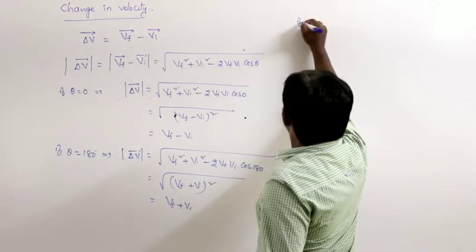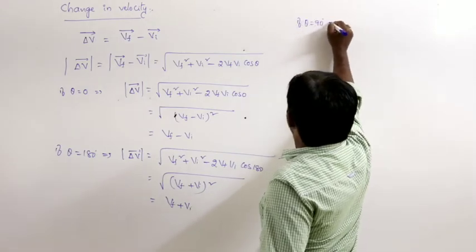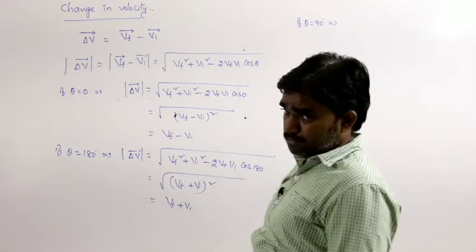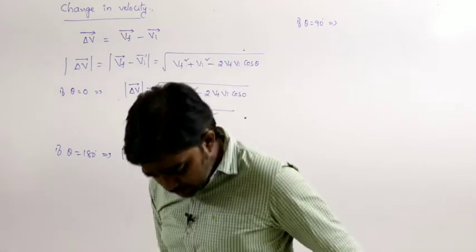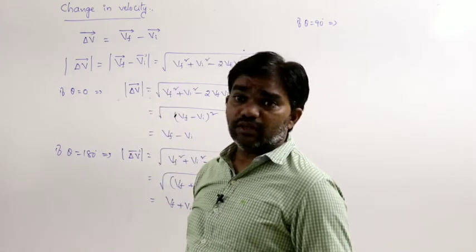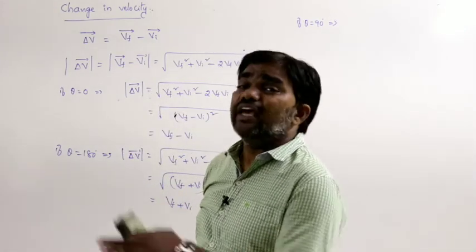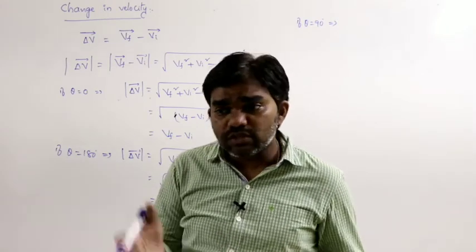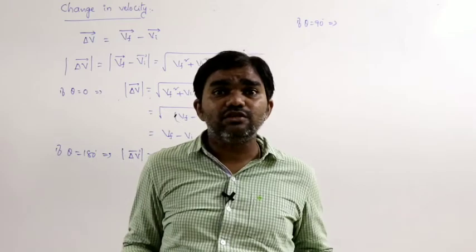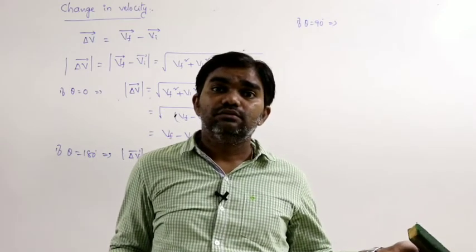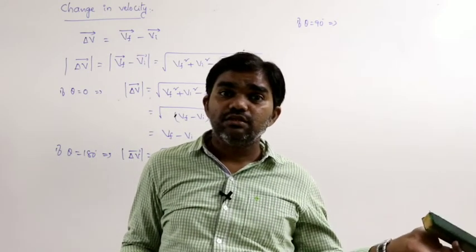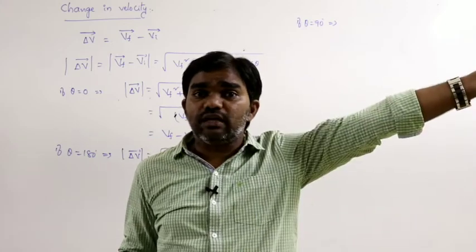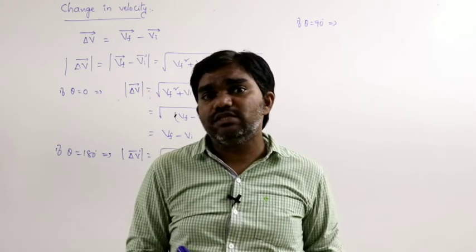And if theta equals 90, that means the initial and final directions are perpendicular. Initially, let us say the person is moving towards east. If he takes a left turn, what is the direction? North. So the direction of the person changes: finally the person is towards north, initially towards east.